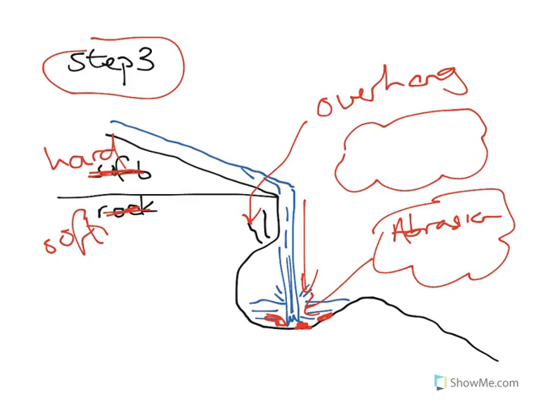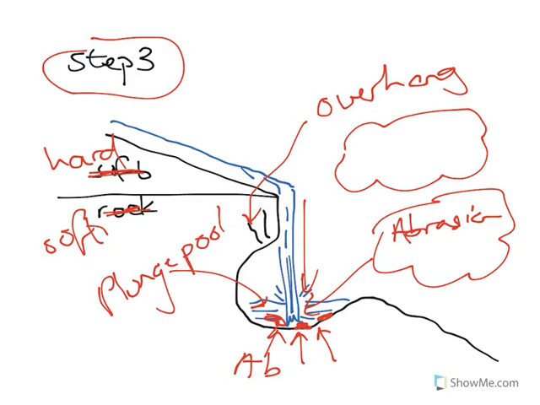Now, abrasion is a process of erosion that occurs in a river where rocks in the river are moving and they wear away at the bed of the river. Now, because there's lots of rocks building up in this plunge pool, which is another label I want to add, these rocks are being moved by the turbulent water, leading to an increased rate of abrasion in this area here.